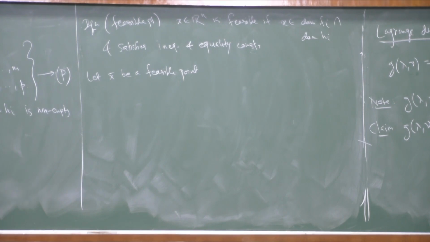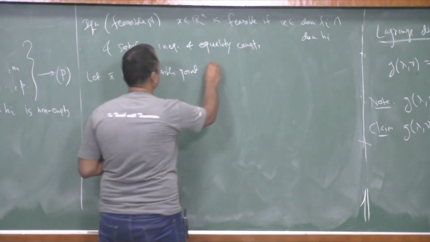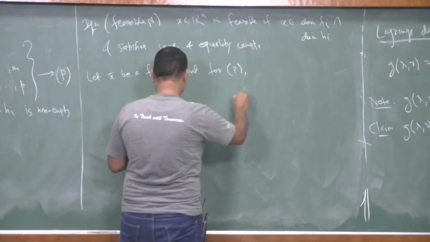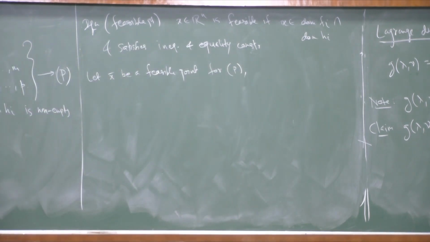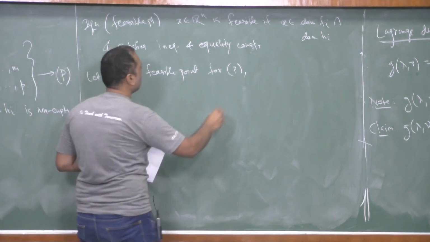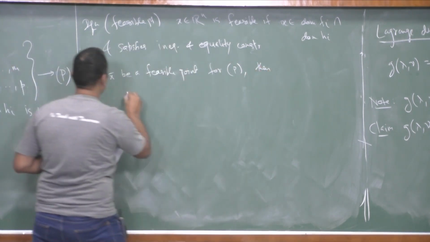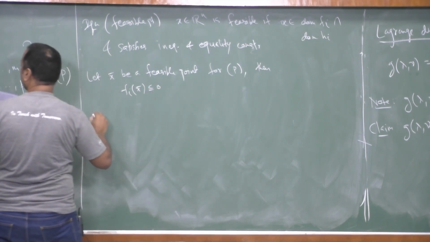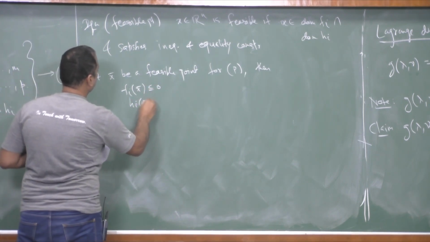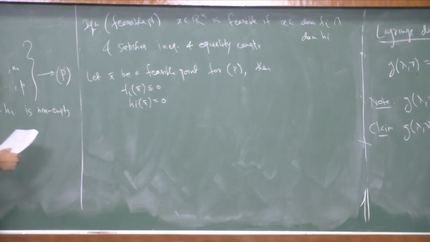Then in that case it necessarily satisfies the constraints. So fi(x bar) must be less than or equal to 0, and hi(x bar) must be equal to 0.